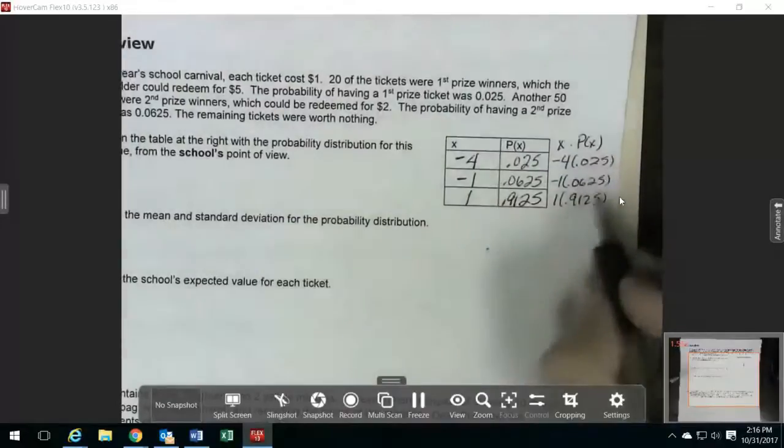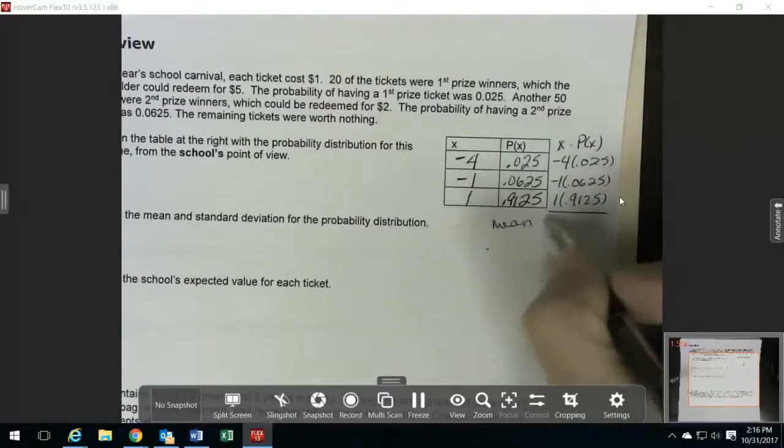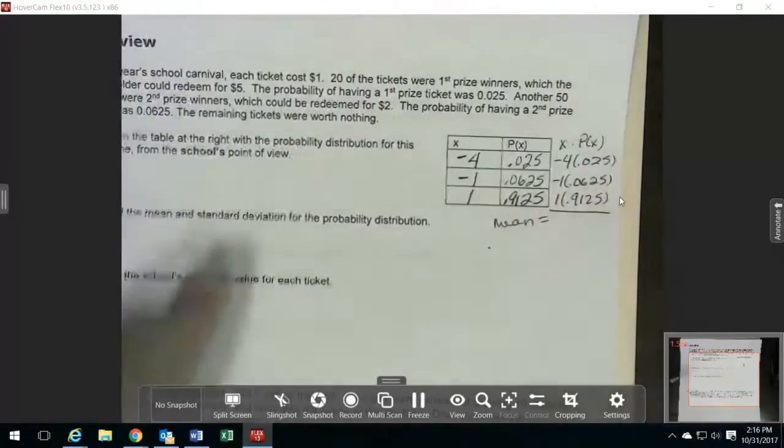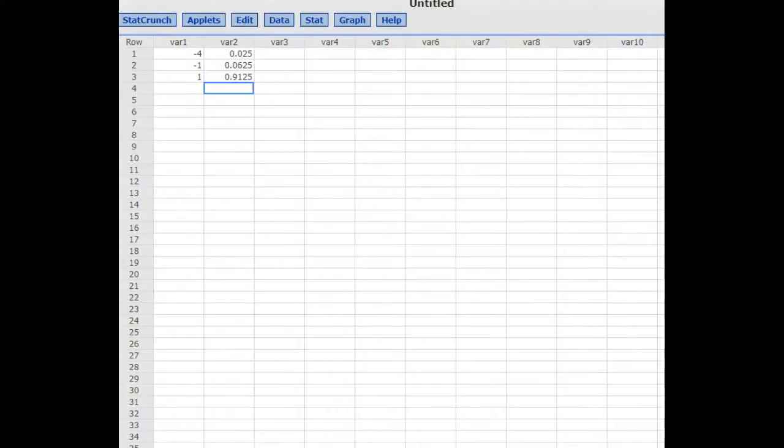You'd multiply those and then add them up, and that would give you your mean. Now, the only problem with doing it by hand is that it also asks you for the standard deviation. There is also a way to find the mean and the standard deviation for the probability distribution in Statcrunch.